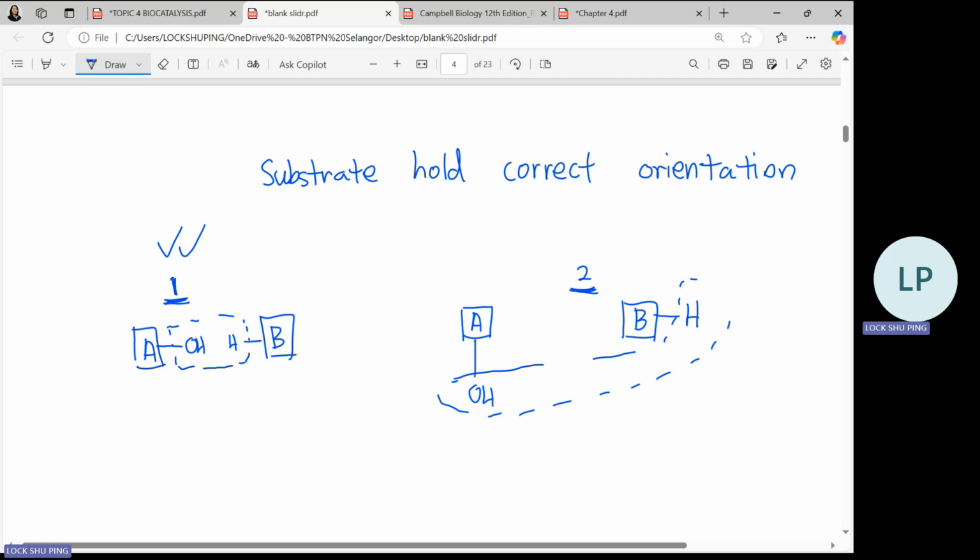So if the length between substrates A and B is this particular length, it will definitely be slower compared to the length between these two molecules. This one is being applied with strength, so they have the stress applied by the active site.